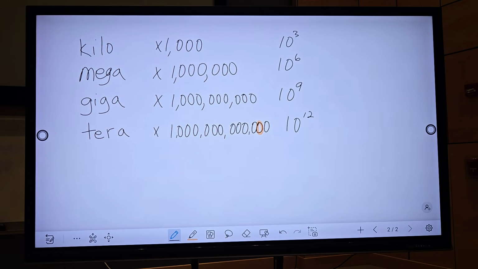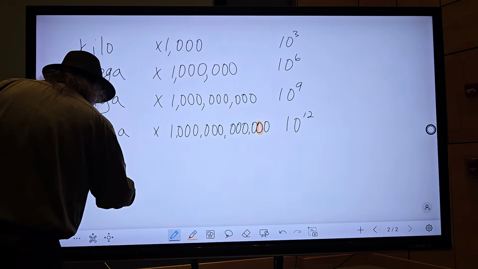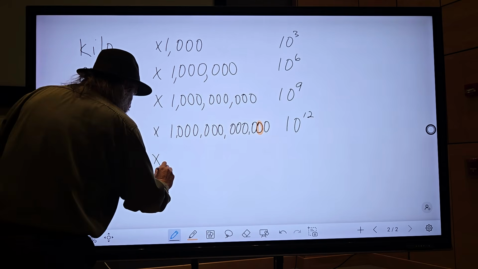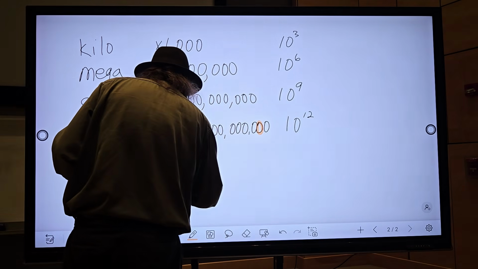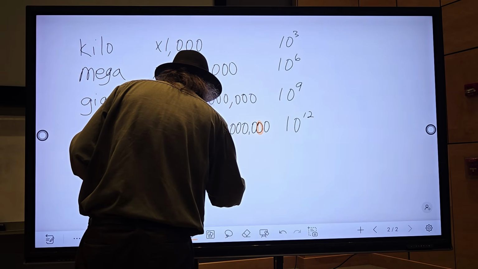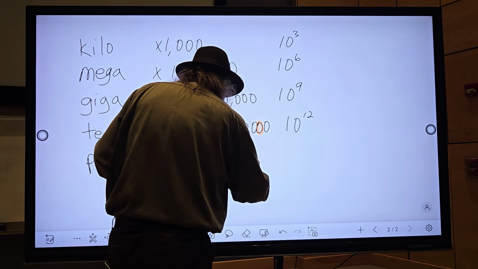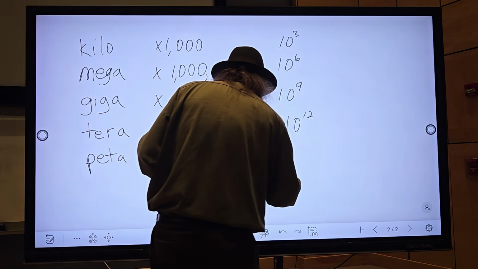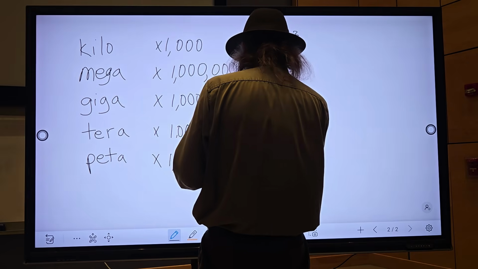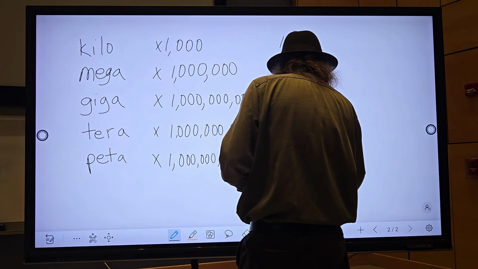And then there's peta, times 1 quadrillion, 10 to the 15th power.